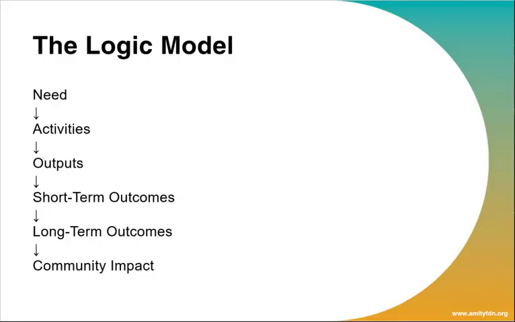So the logic model helps you connect the dots. Here's the need, here's what you're doing, here's what you're producing, here's what's changing, and here's the impact you hope to create. That connection is what makes a program easier to plan, evaluate, and improve.